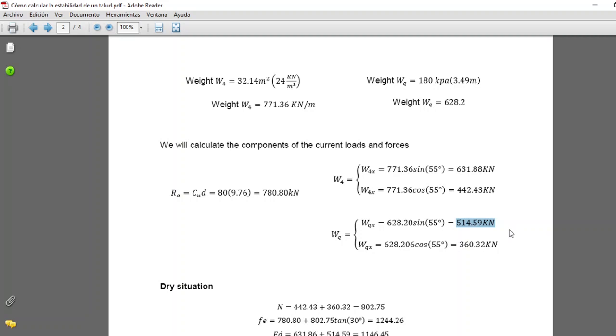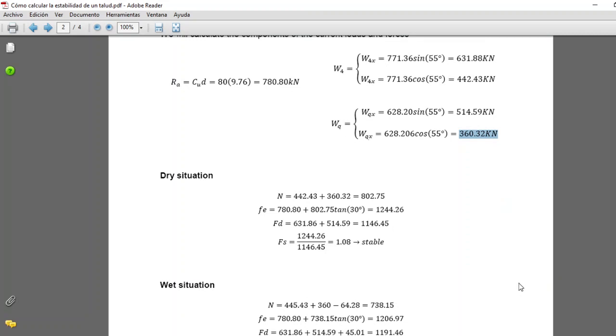And for J, we need to multiply 628.20 by the cosine of 55 degrees, and we have the result 360.32 kilonewtons.